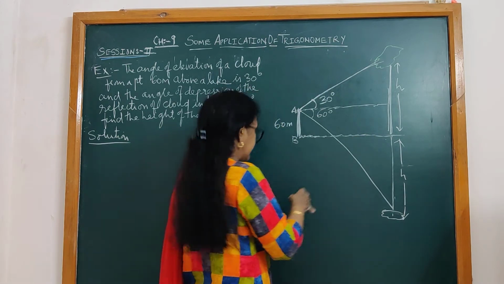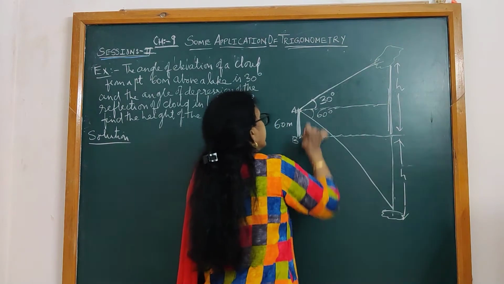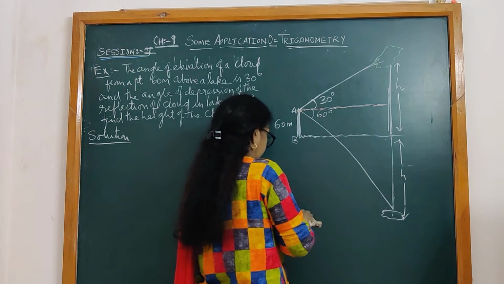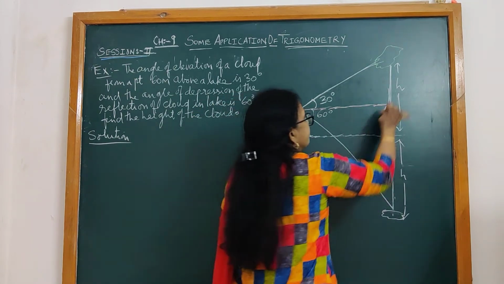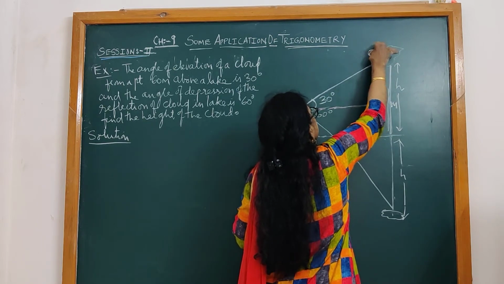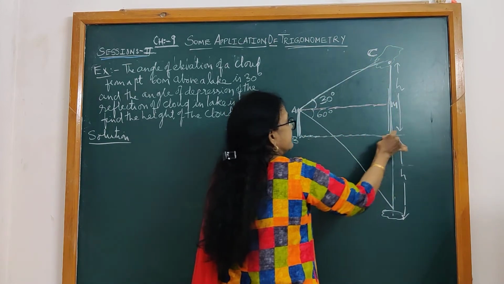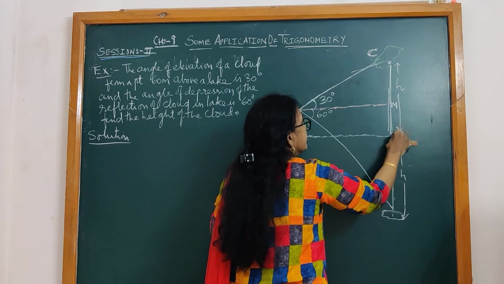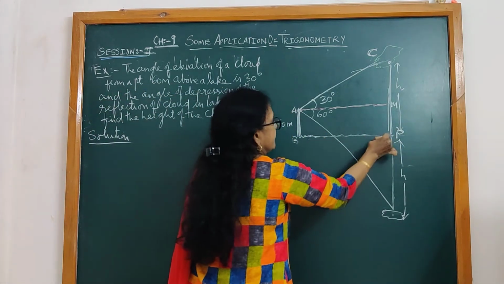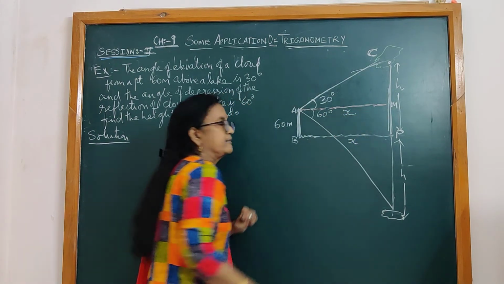So first we will see this triangle, when I am taking this as a horizontal line. Let this point be M, this be C, the cloud point which you are looking at, and the lake point be P. Suppose I am taking BP as x, this becomes a rectangle, this also becomes x.